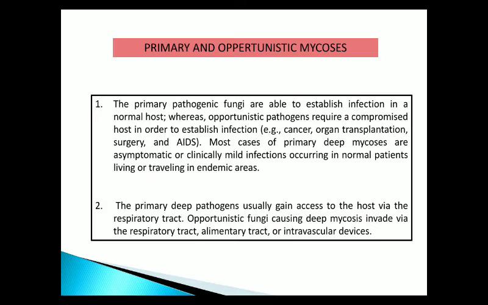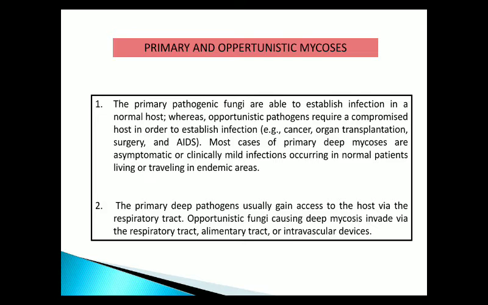So these are the diseases or conditions where these opportunistic fungi can cause an infection in human beings. But the primary pathogenic fungi can establish infection in a normal host, whether they are healthy or unhealthy, or the immune system is strong or weak.